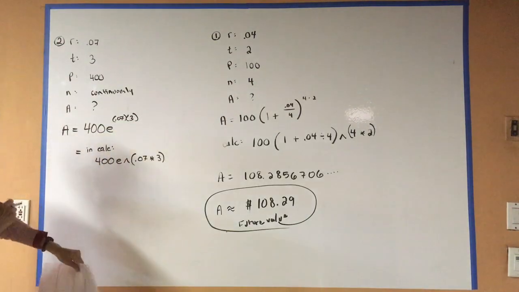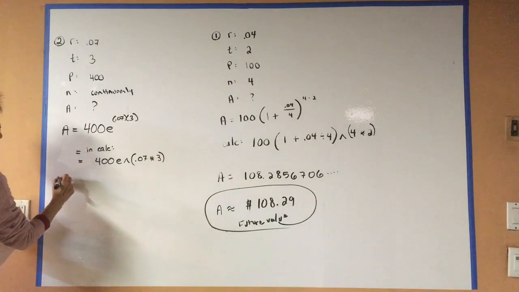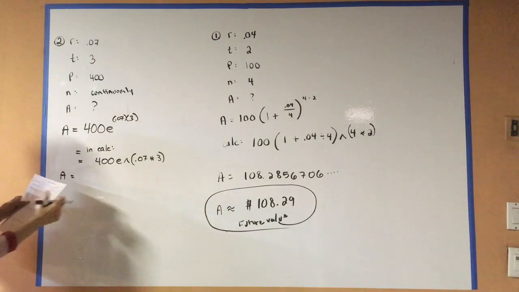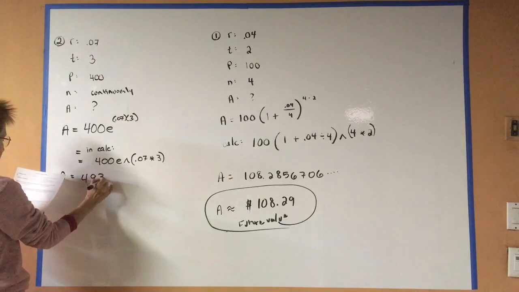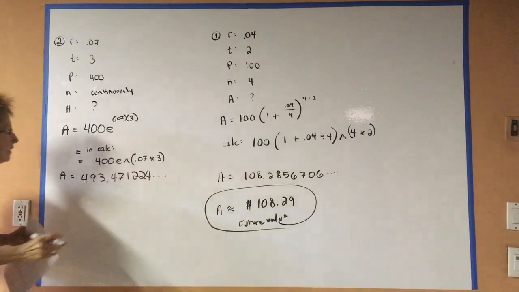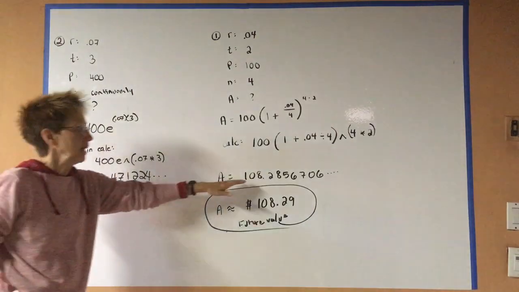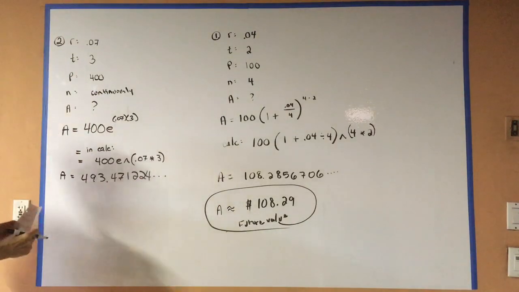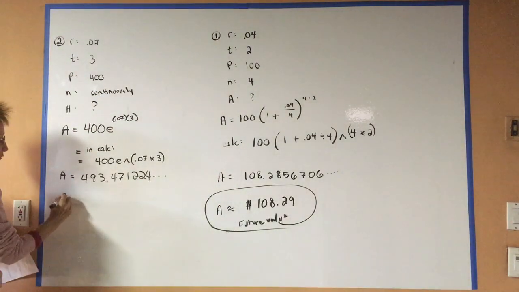When I do that in my calculator, what spits out was 493.471,224, blah, blah, blah. I want you to write that down. Each time, write down what your calculator spit out, and then round it to the appropriate thing. This is money again, this is future value.